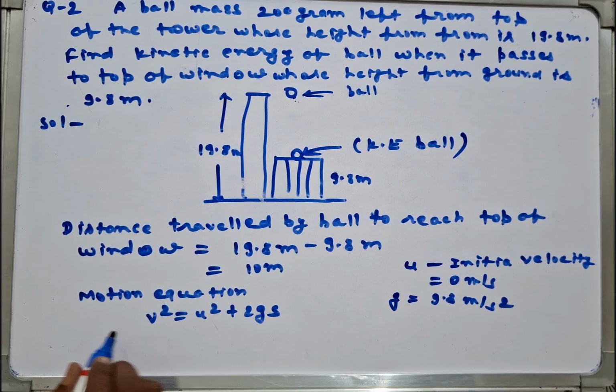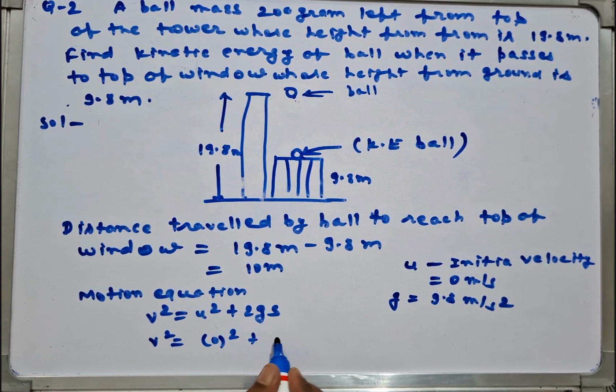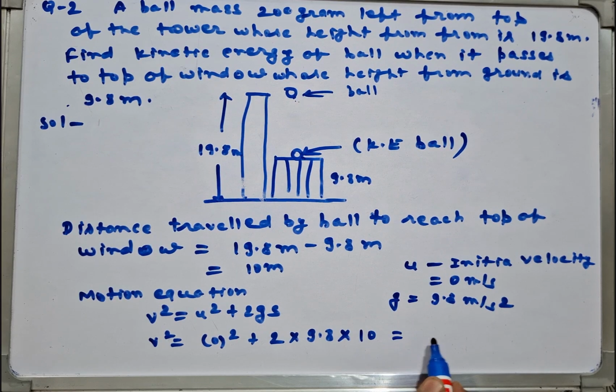Now we put the values: v square equals 0 square plus 2 into 9.8 into displacement 10. So this will come 196 meter square per second square, so v equals 14 meter per second.